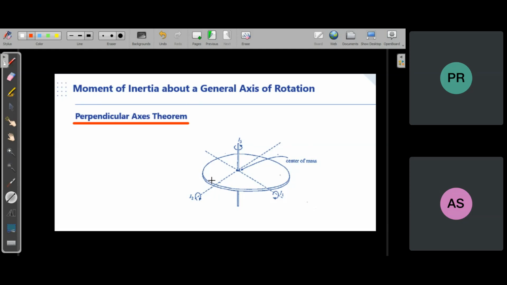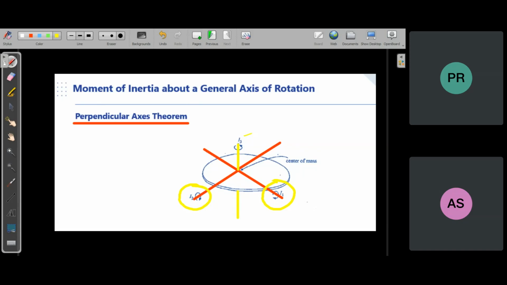Now this perpendicular axis theorem simply says that if the moment of inertia of a body about two axes which are mutually perpendicular and in the plane of the body is, let's say, I1 and I2, then the moment of inertia about a third axis which is perpendicular to the plane of the body and passing through the point of intersection of the other two axes is given by I1 plus I2.